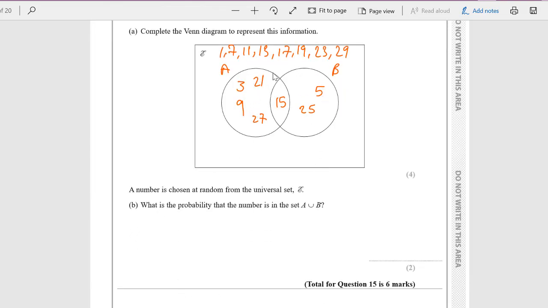We chose the 7 from here and the 8 here. So 7 plus 8 is 15. What's the probability the number is in the set A union B? It has 7 values. So 7 over 15.